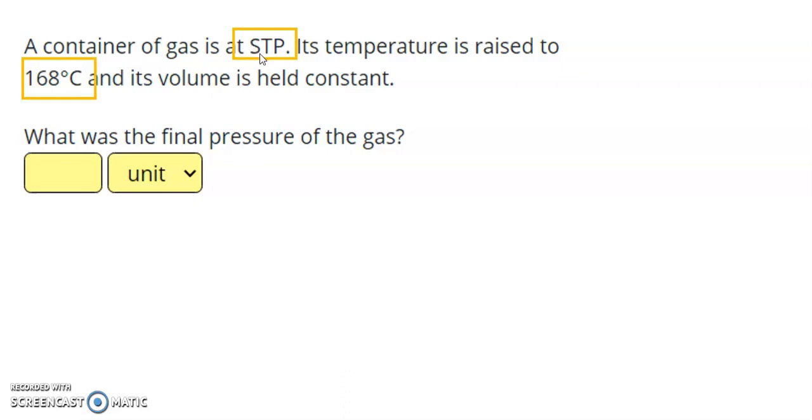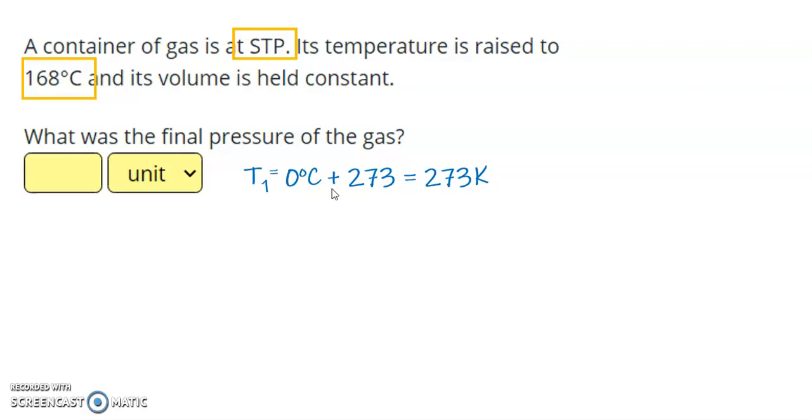But what does STP mean? Well, STP means standard temperature and pressure. At STP, your temperature is 0 Celsius. Whenever you see STP, you know temperature is 0 Celsius.